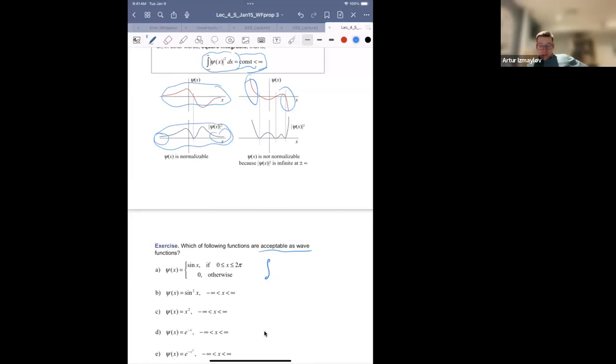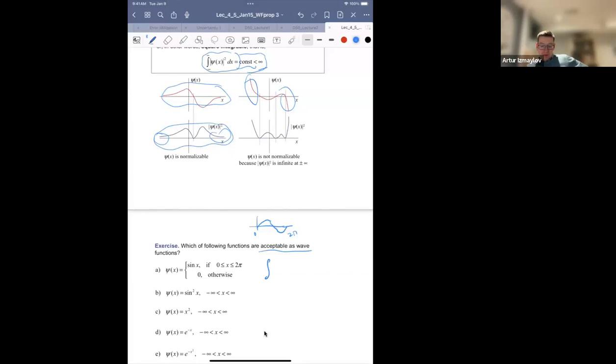You could check whether conditions 1 to 4 are satisfied. For example, in this case, sine of x, you could see that it will look like something like this between 0 and 2 pi, right?